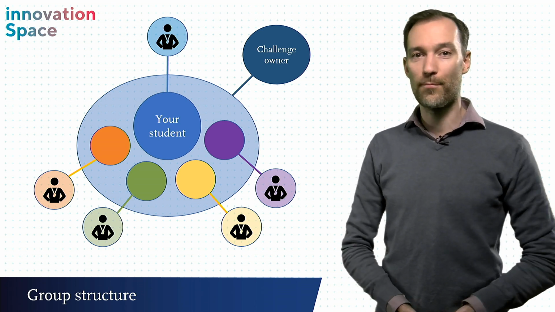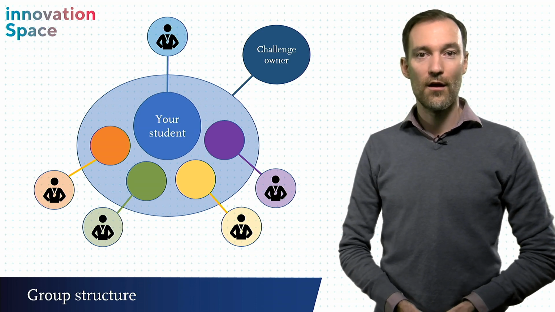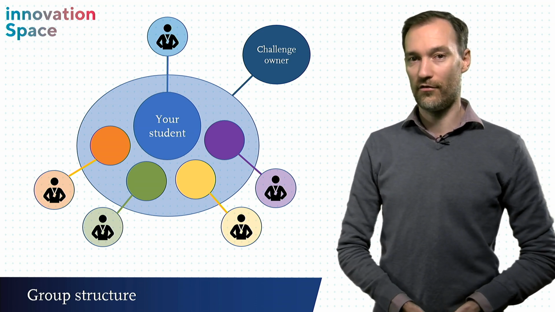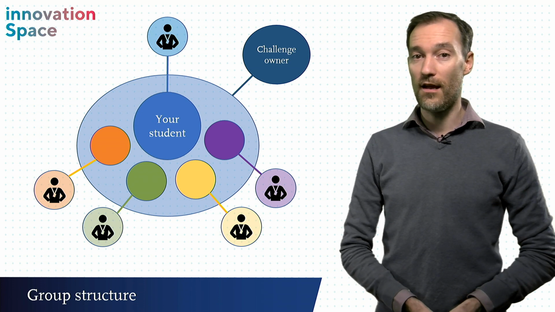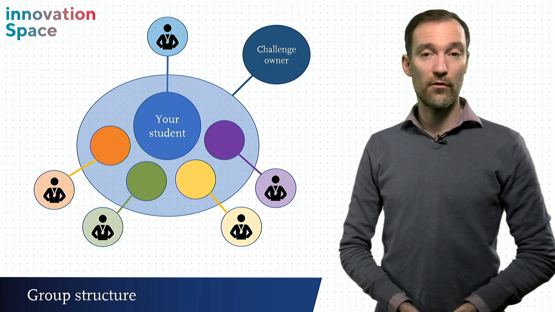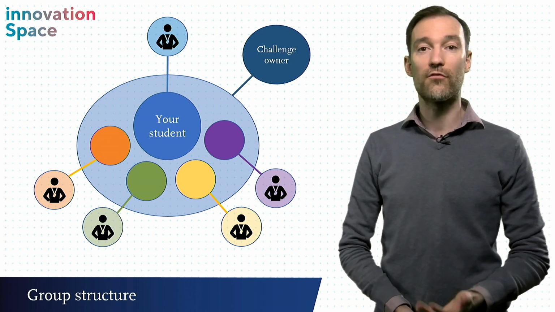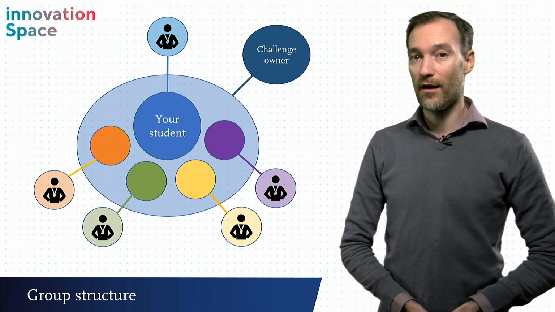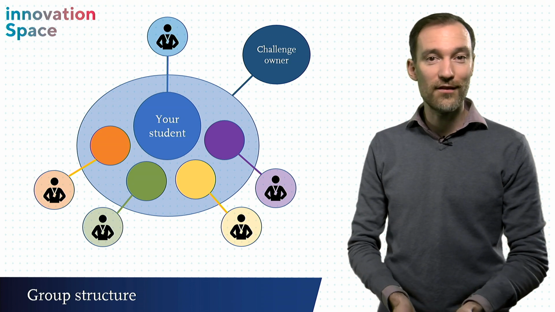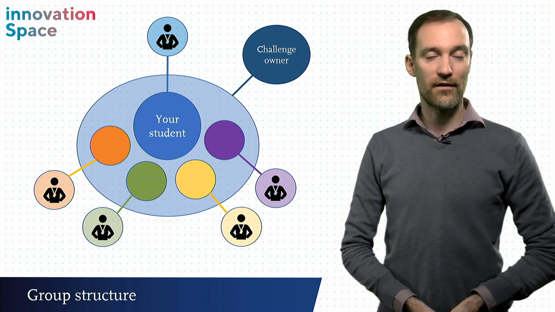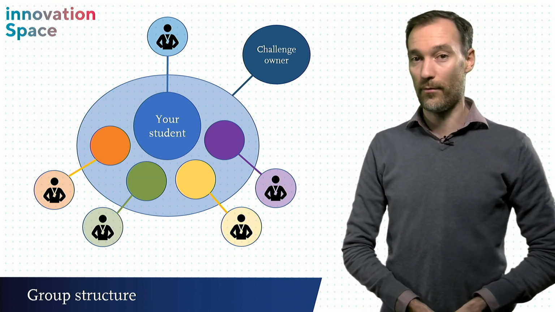The students are responsible for making decisions about the direction their project is taking. If this direction is slightly different from what a challenge owner might want, this is okay, and we discuss this with the challenge owners and we try to prepare them in such a way that they understand the possibility of students going in a slightly different direction than they had expected to begin with.